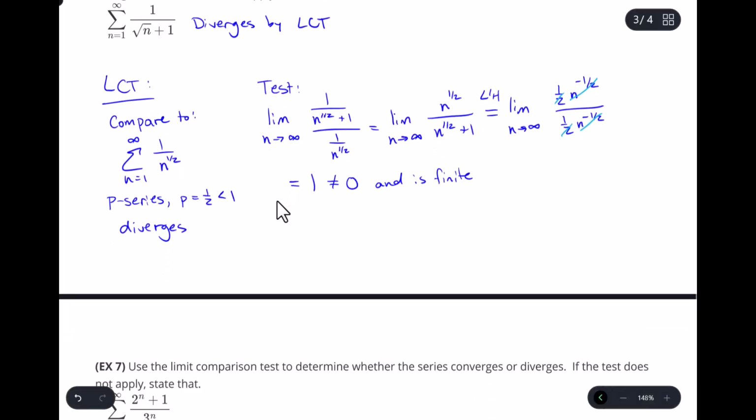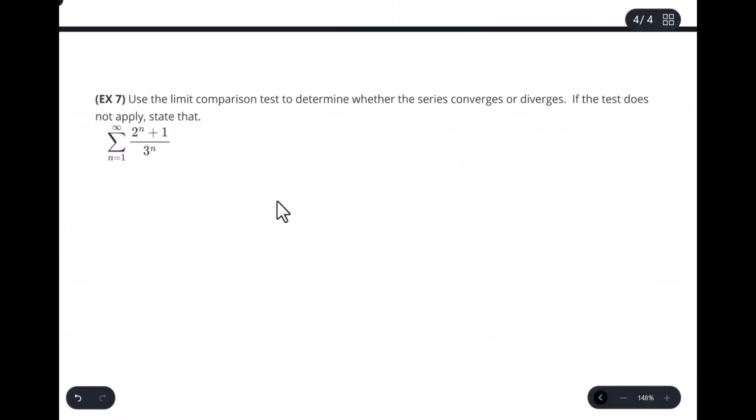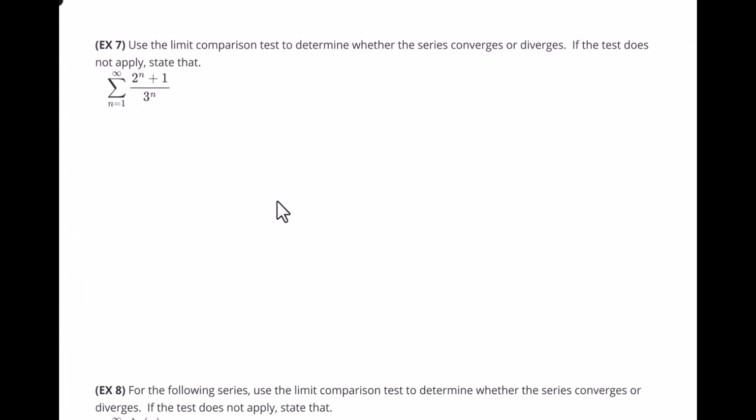All right, let's try another. Use the limit comparison test to determine whether the series converges or diverges. If the test does not apply, state that. Okay, so this one looks suspiciously like a geometric series to me. So that's what we compare to when we do the limit comparison test.